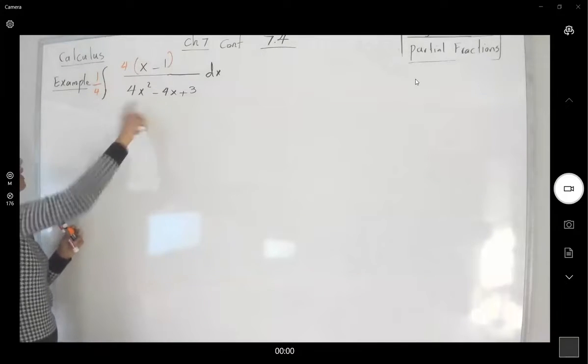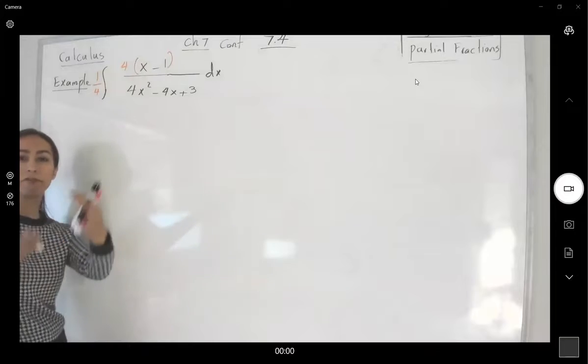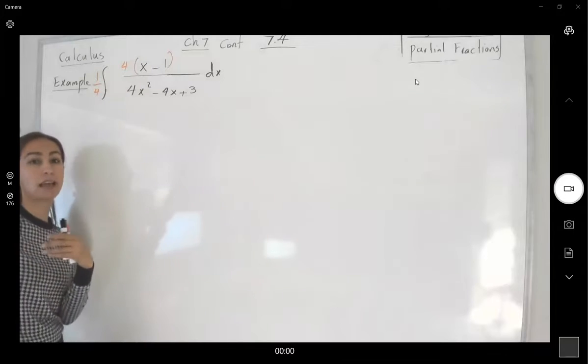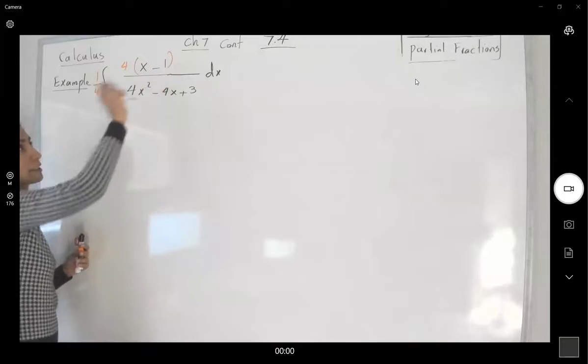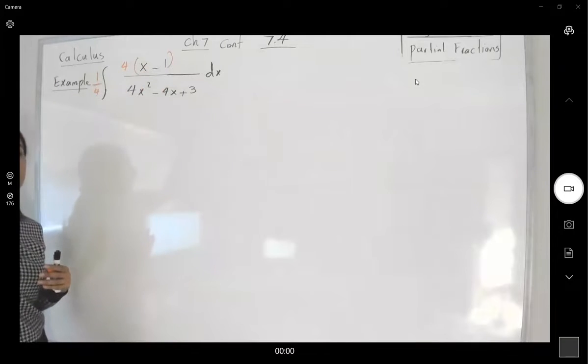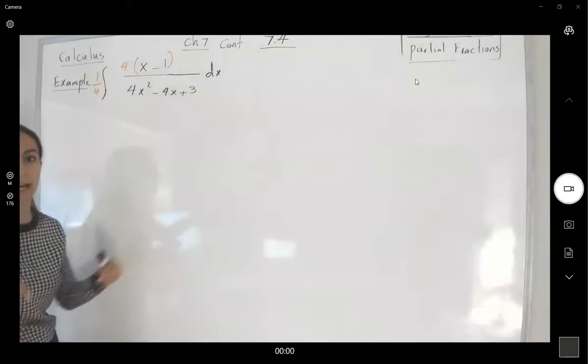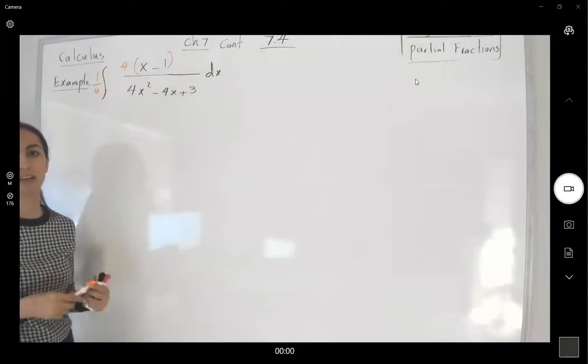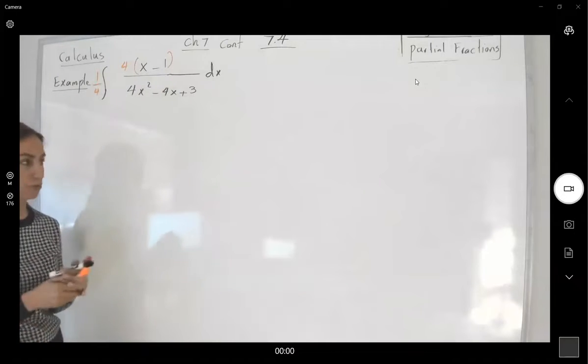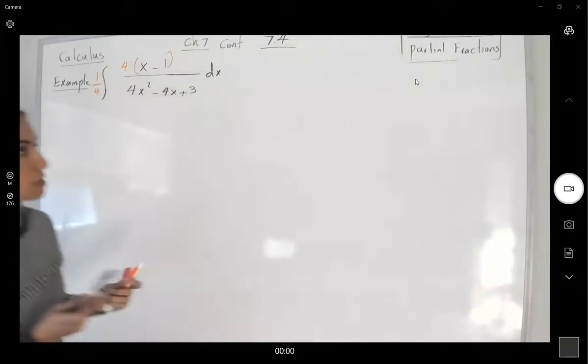So 2x minus 1, if I factor out 2, I get x minus a half. This can be written as x minus a half, written as negative a half minus a half. Then you can separate those two fractions and start working with them. So this is our first approach.